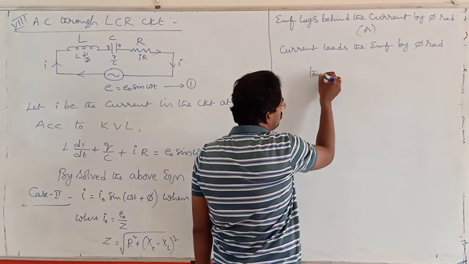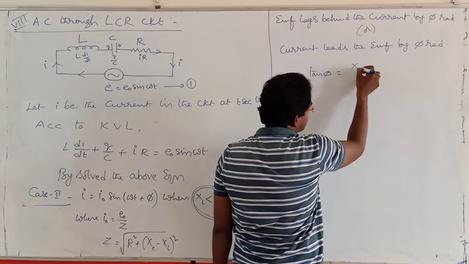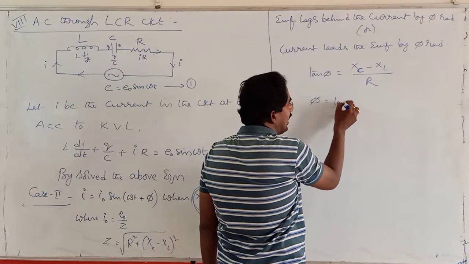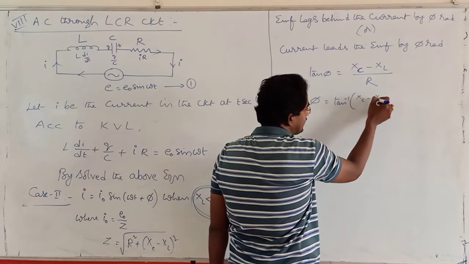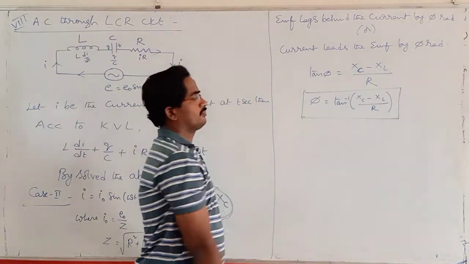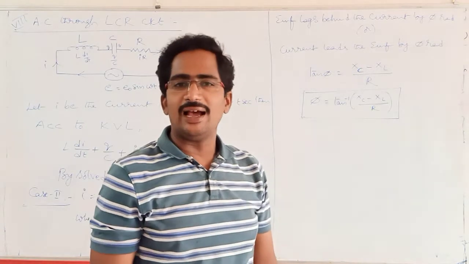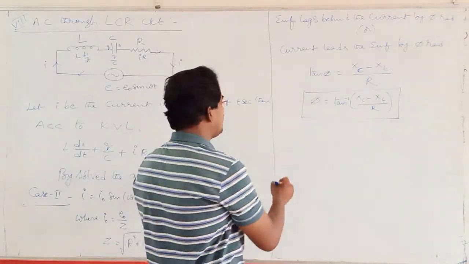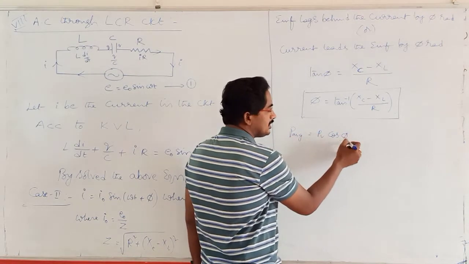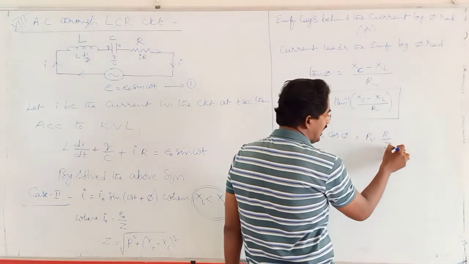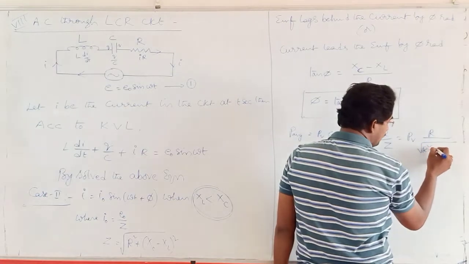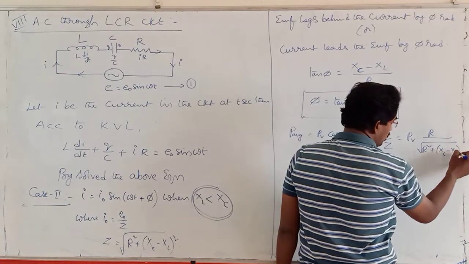Now, what about the phase value here? Tan phi equals (XC minus XL) by R. Then phi equals tan inverse of (XC minus XL) by R. And the average power consumed equals PV cos phi, that is PV into R by Z as usual, which is R over root over R square plus (XC minus XL) whole square.